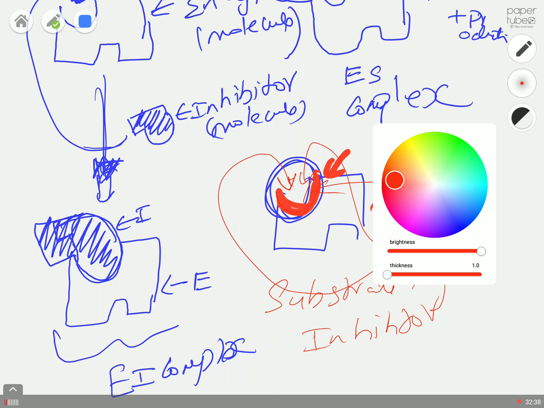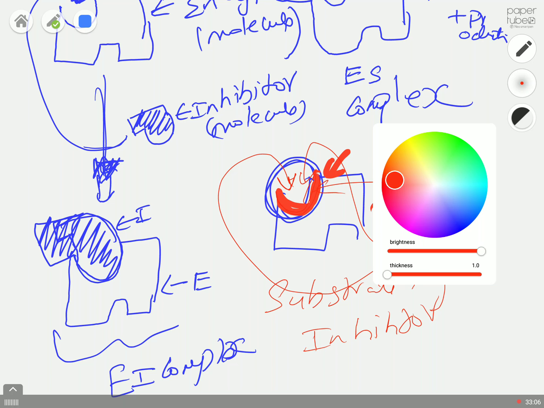So try to check the notes. I have a better image in the PowerPoint slide, so also use the PowerPoint slide. In this lecture I'm just trying to explain the concept behind competitive inhibition, uncompetitive inhibition, and non-competitive inhibition. But you have to understand the actual physics of the process.